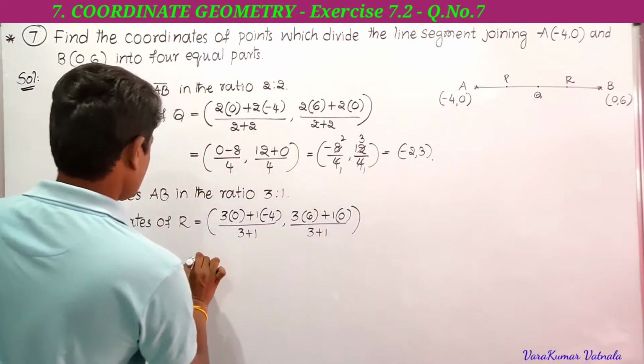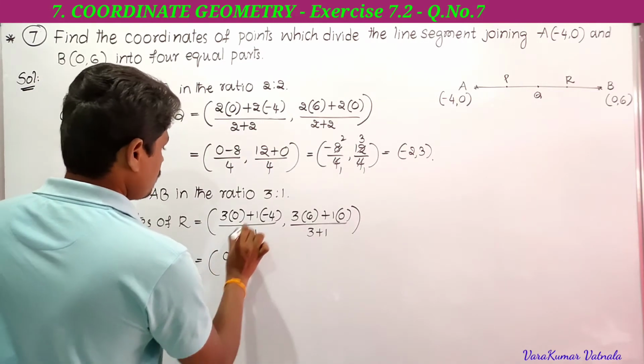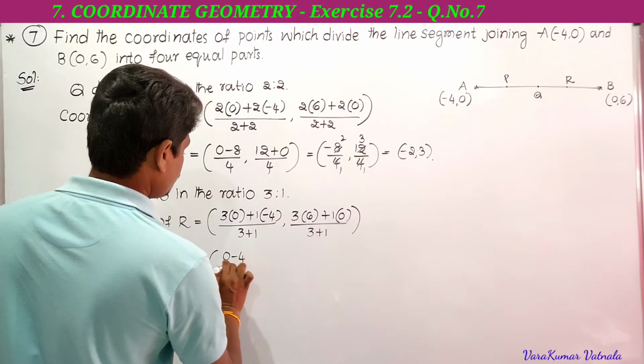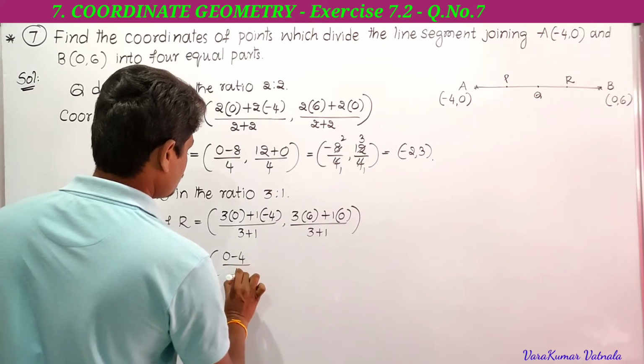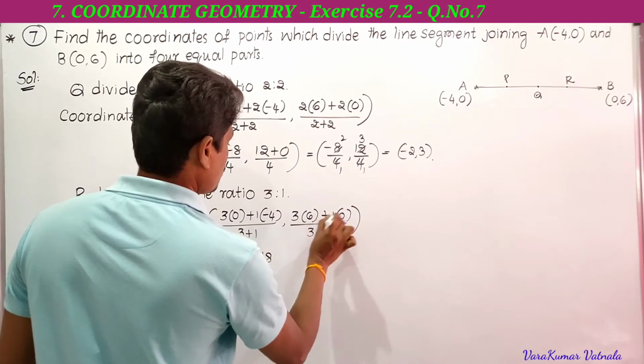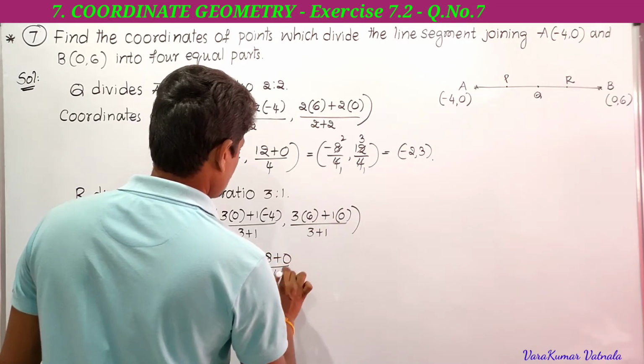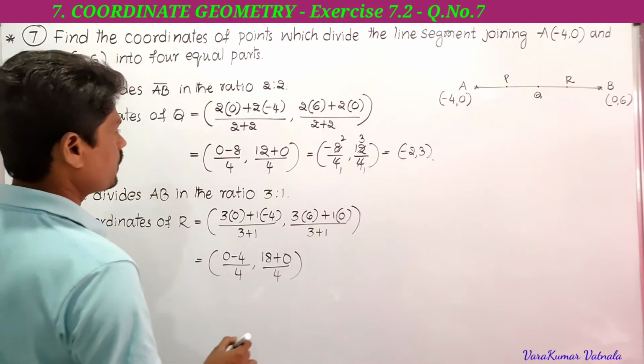So I have to simplify: 3 into 0 is 0, 1 into minus 4 is minus 4, by 3 plus 1 is 4, comma 3 into 6 is 18, 1 into 0 is 0, by 3 plus 1 is 4.